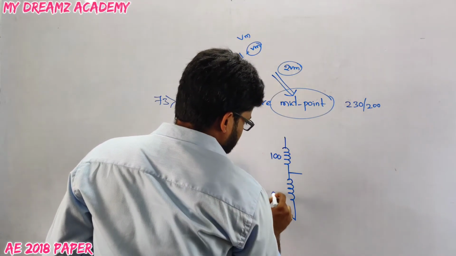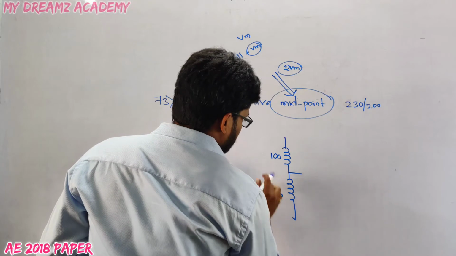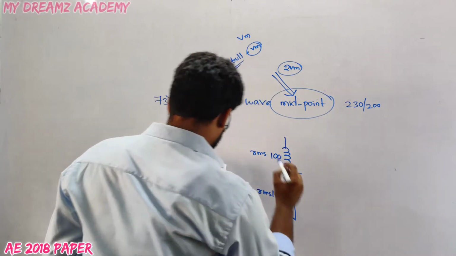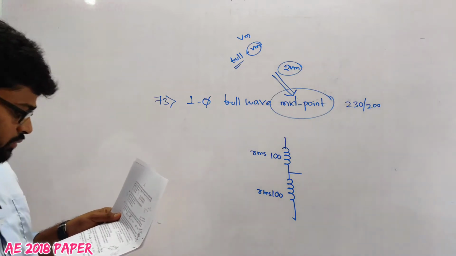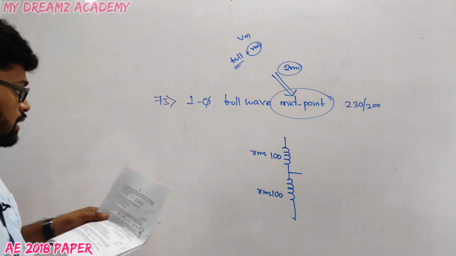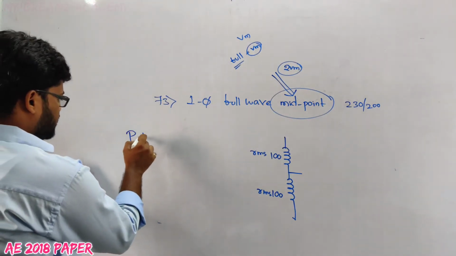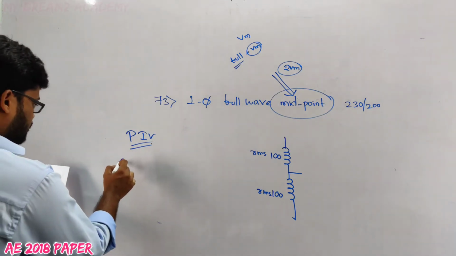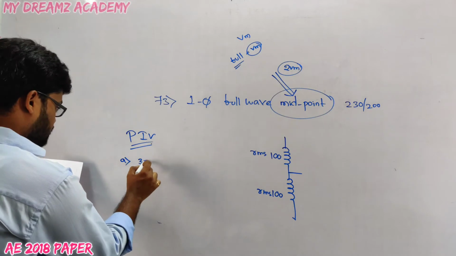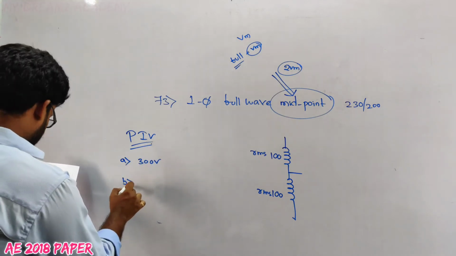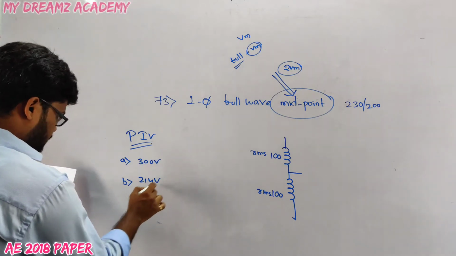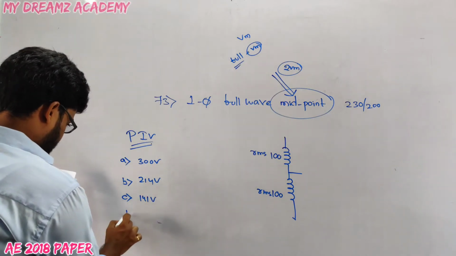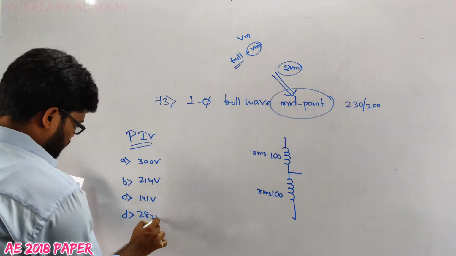This is 100 volts and this is also 100 volts. This is the RMS value. And what we need to calculate? We need to calculate the peak inverse voltage of the SCR. Option A 300 volts, option B 214, option C 141 volts, option D 282 volts.